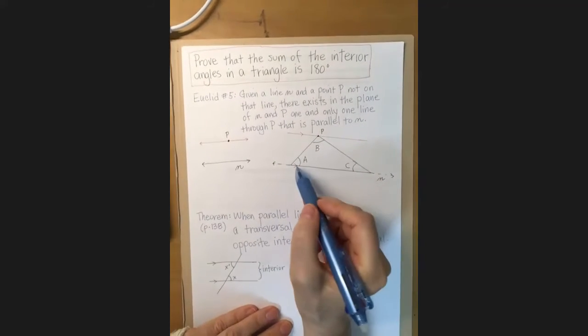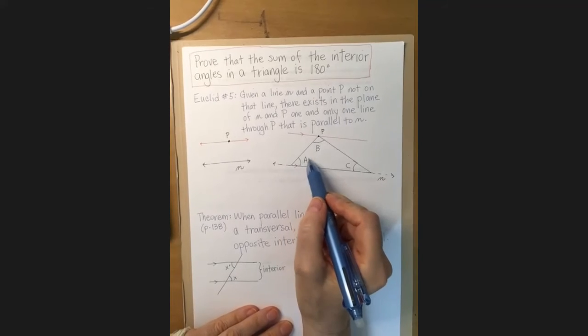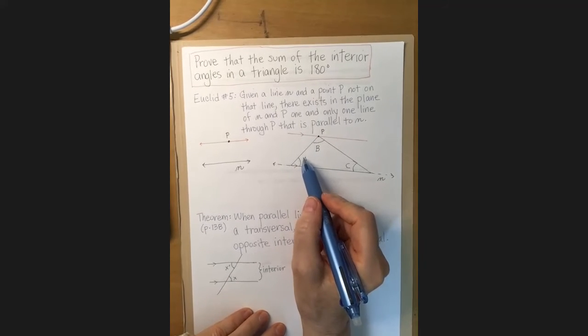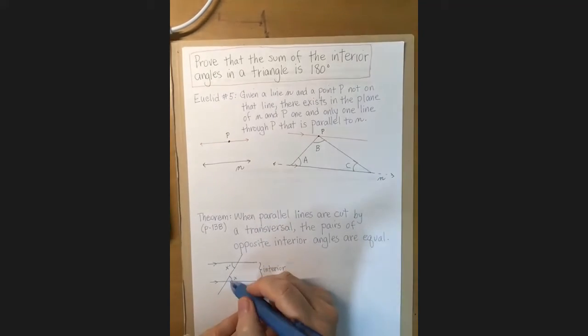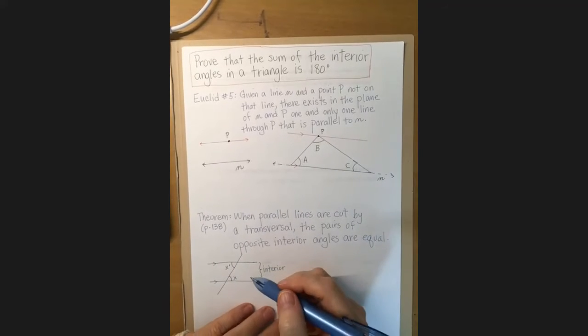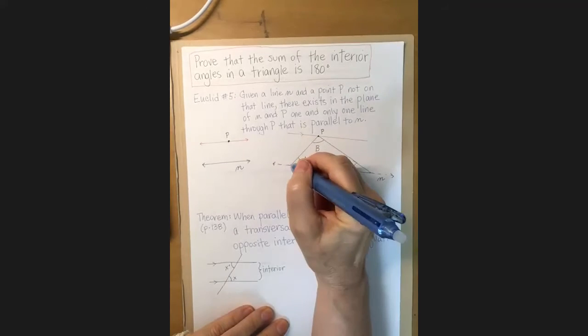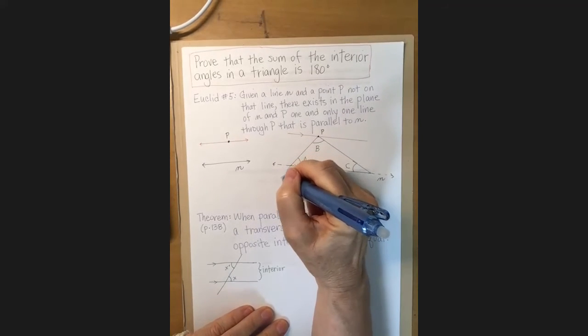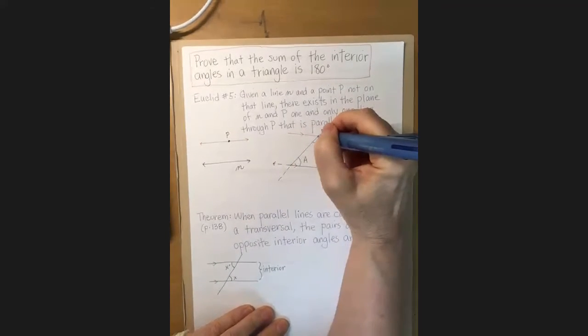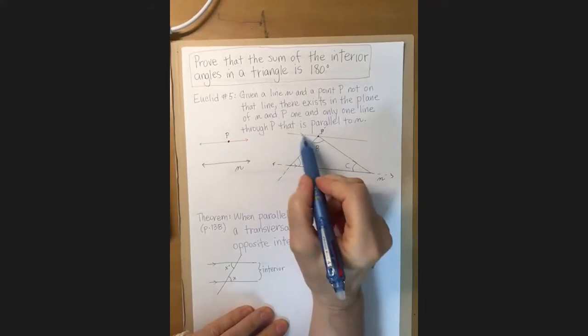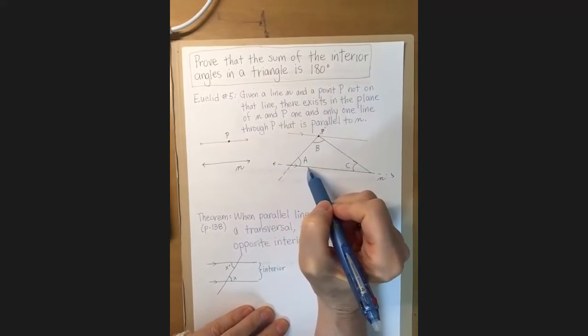Okay, so what we have up here, angle A is almost in the exact same location as angle X down here. And so we can think about this side of the triangle as a transversal cutting through these two parallel lines.